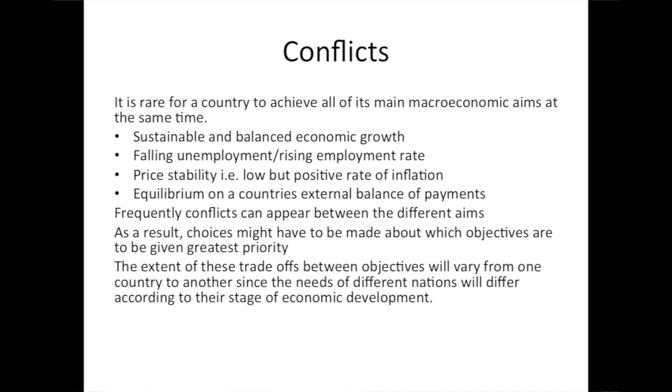The conflicts that occur mainly occur because different policies aim to achieve different macroeconomic objectives. The four macroeconomic objectives are on the screen: sustainable and balanced economic growth, falling unemployment or a rising employment rate, price stability, and equilibrium on the balance of payments.